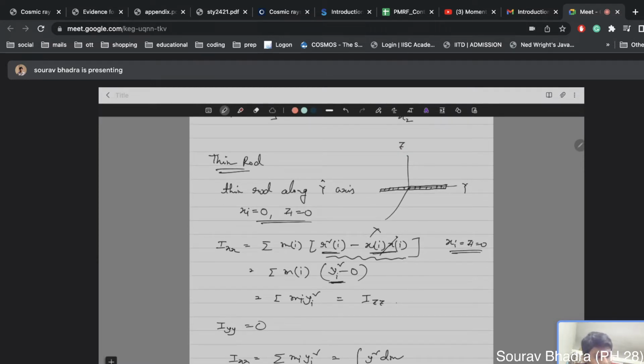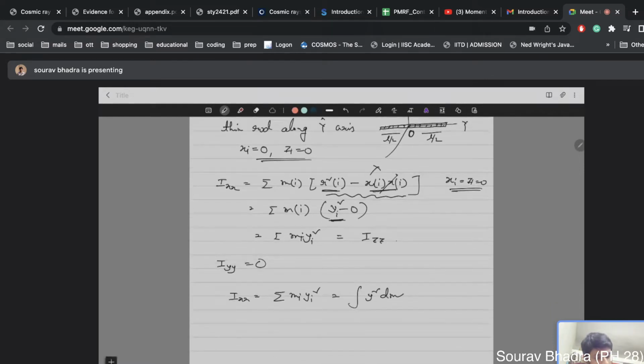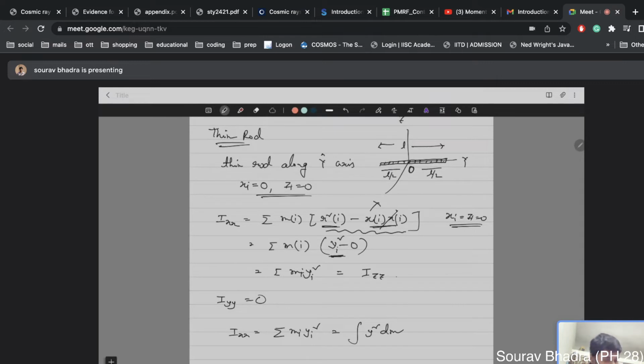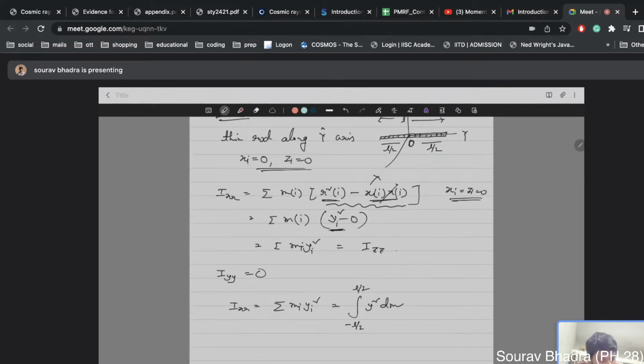Suppose the length of the rod is L, and the center of the coordinate system is 0. So here it is L by 2 and here it is L by 2. So y is running from minus L by 2 to plus L by 2. So we will integrate over that particular range.